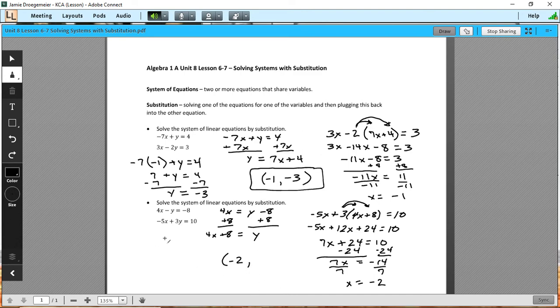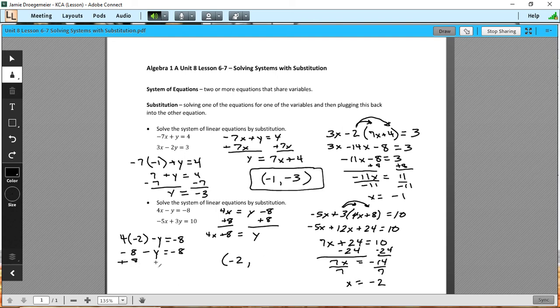To find the y value, I'm going to plug that negative 2 in for x into one of those equations. I'm just going to use that first equation again. So 4 times x, so 4 times negative 2, minus y equals negative 8. 4 times negative 2 is negative 8, minus y equals negative 8.